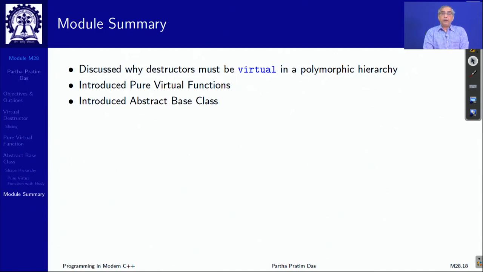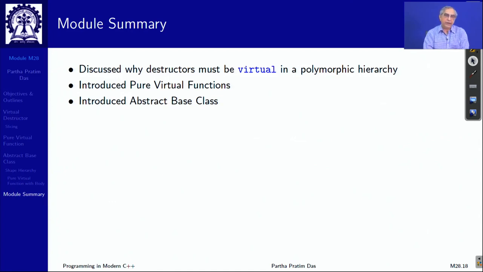So, to summarize, we have discussed first very key ideas in a polymorphic design, in a generalization specialization hierarchy in C++, the inheritance hierarchy. The first concept is why destructors must be virtual in the polymorphic hierarchy, and the way to make them virtual is simply to make the destructor of the root class, the base class, virtual.